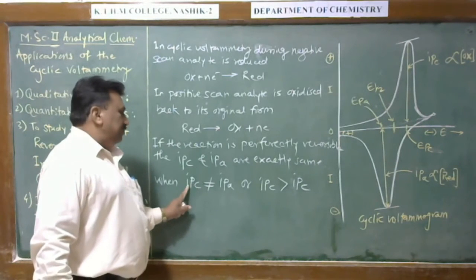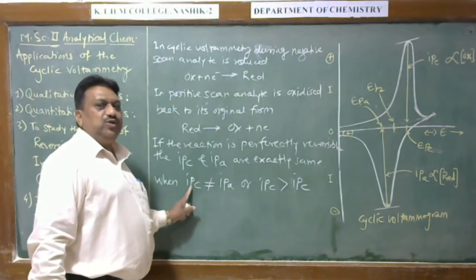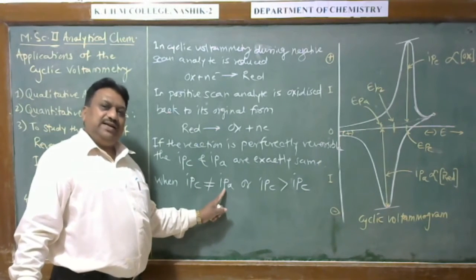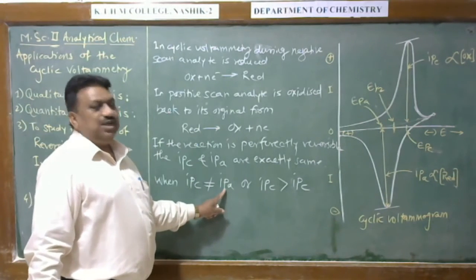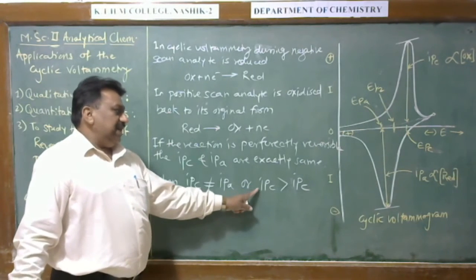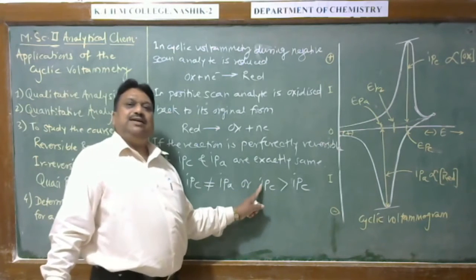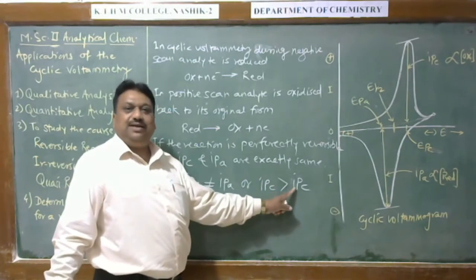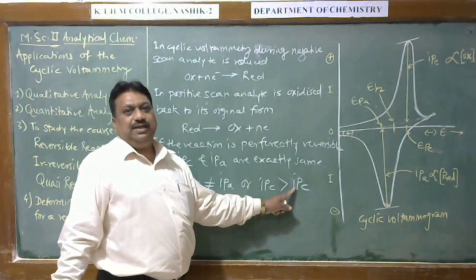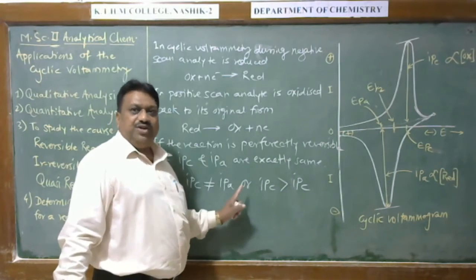That means the magnitude of cathodic peak current is not equal to the magnitude of anodic current, that means the total product is not converted back into the analyte. Or sometimes when cathodic peak current is found to be more than anodic peak current, then also the total product cannot be converted back into the original state.